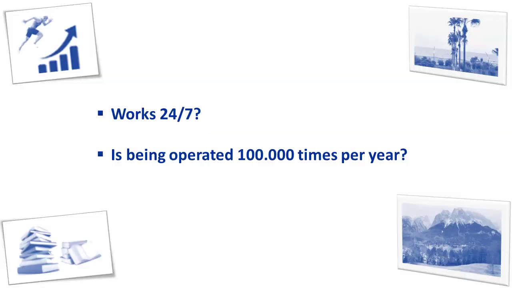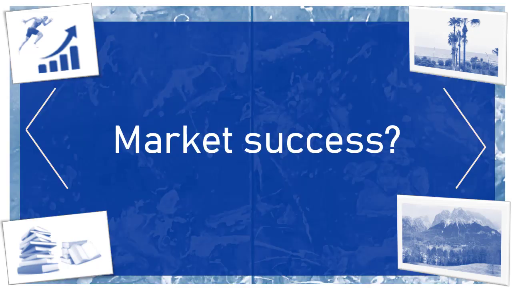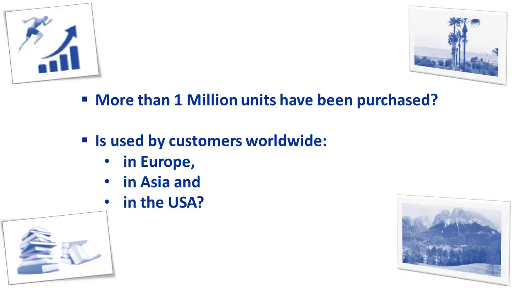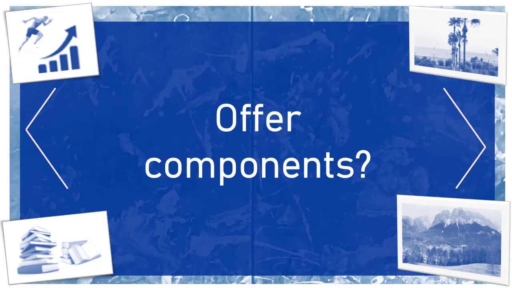How reliable is your product? Works 24/7? Is operated 100,000 times per year? What is the market success of your product? More than 1 million units have been purchased, or it is used by customers from Europe, Asia, and USA.